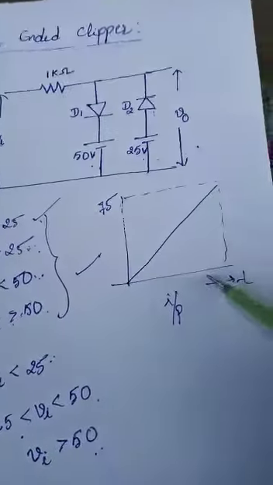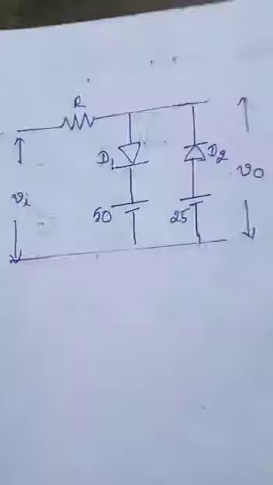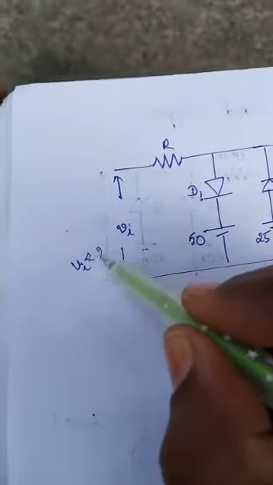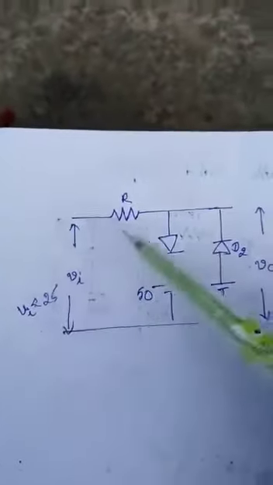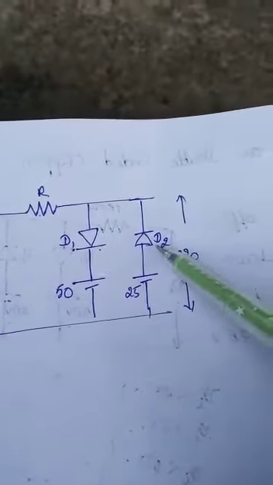Now let us start the circuit operation with the first case, that is Vi less than 25. So the first condition is Vi less than 25. When Vi is less than 25, it is passing through the resistor R to the anode of D1 and the cathode of D2.